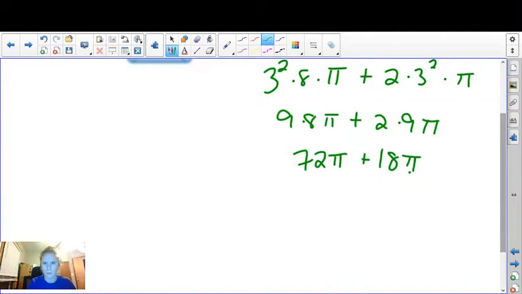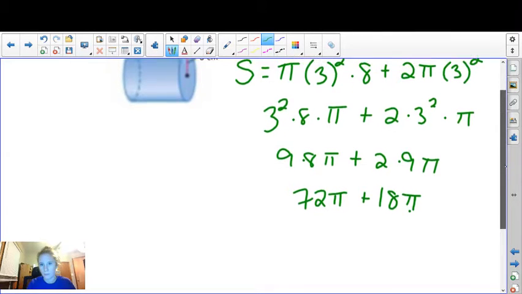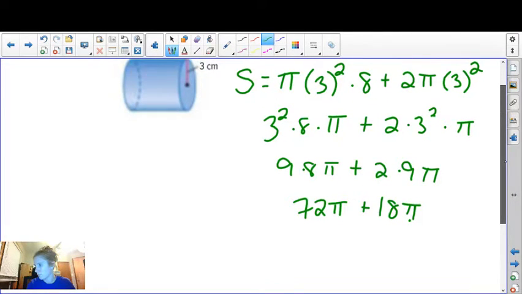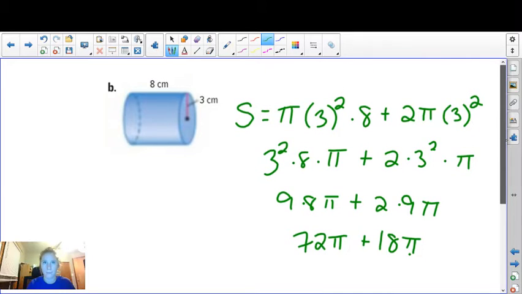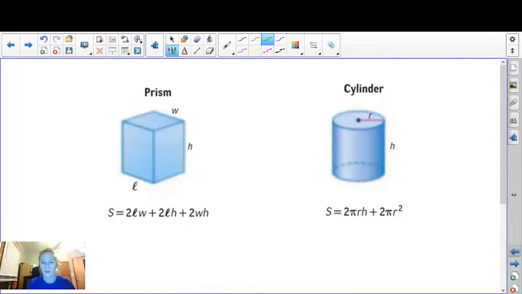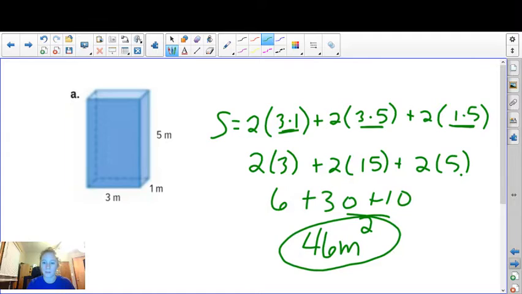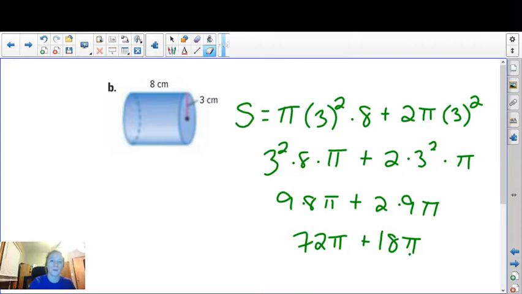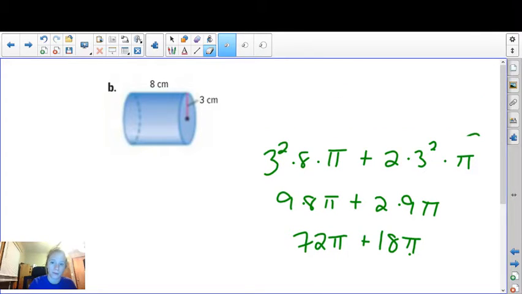Wait a minute. Hold up. I didn't grab the right formula. I needed to use this formula. There's no squared on that first part. I knew something didn't look right. Pause, rewind. This should not be squared.